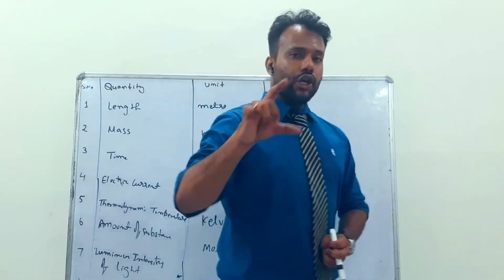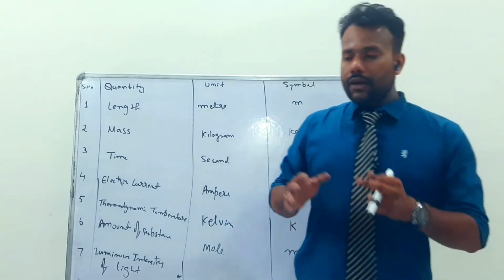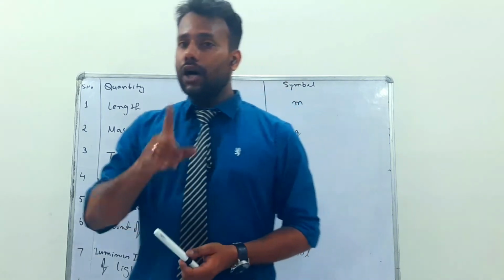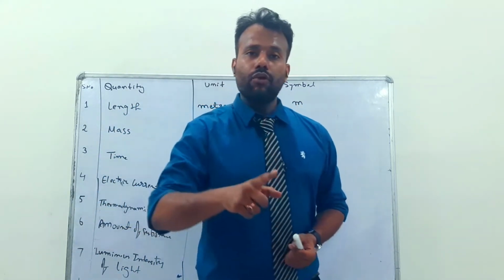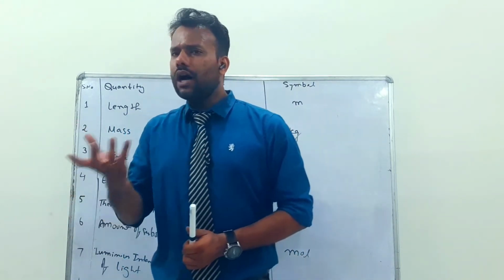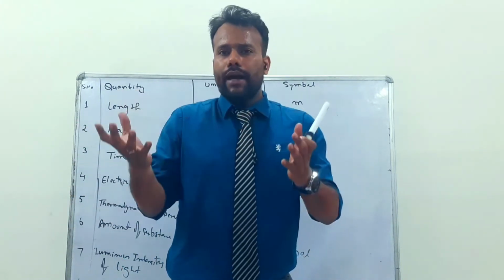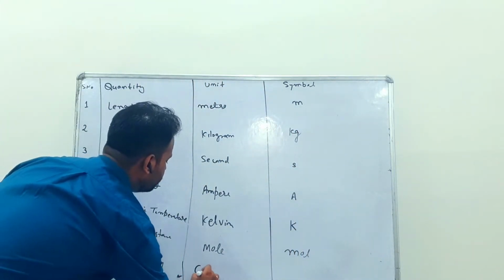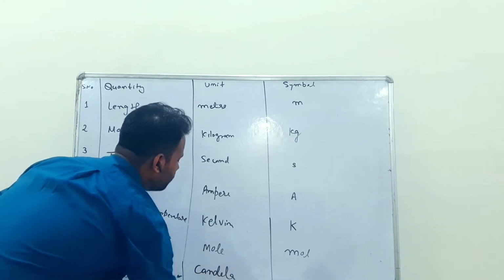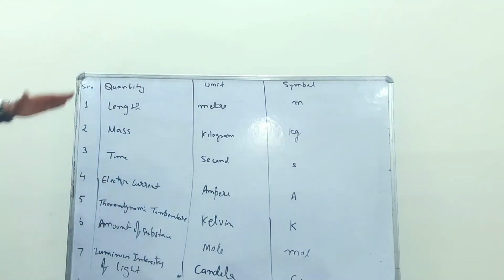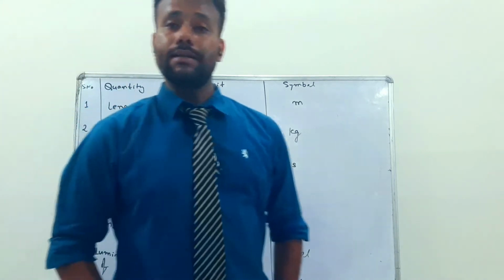Now if you compare the 100 watt bulb with the 1000 watt bulb, then obviously the luminous intensity of the 1000 watt bulb is more. So basically luminous intensity shows how bright or dim the light is, right? It is measured in candela. In short, cd. So these are the 7 fundamental quantities and their units along with their symbols.